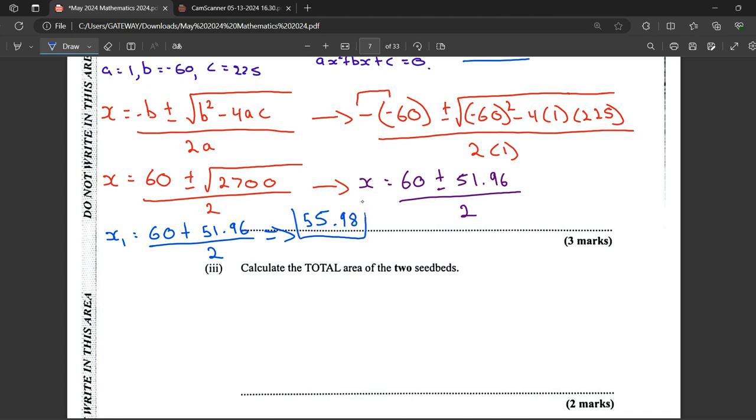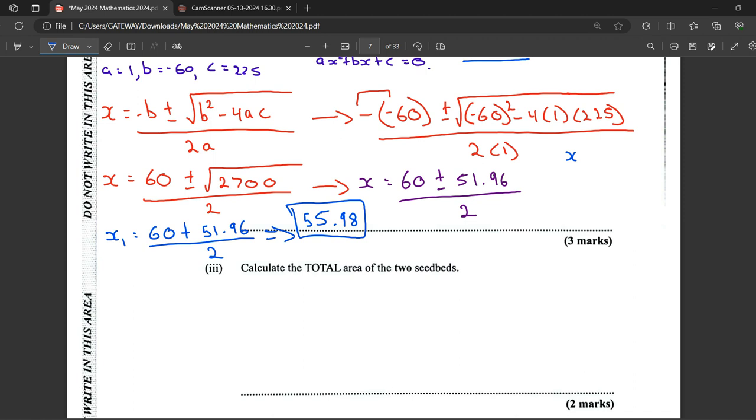That is one value of x there. Now the next value of x, this could be called x2, could be 60 minus, let me put that a little below the line there. Right, so I could put it here.